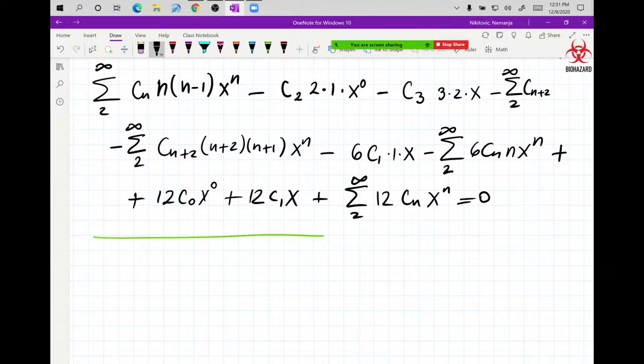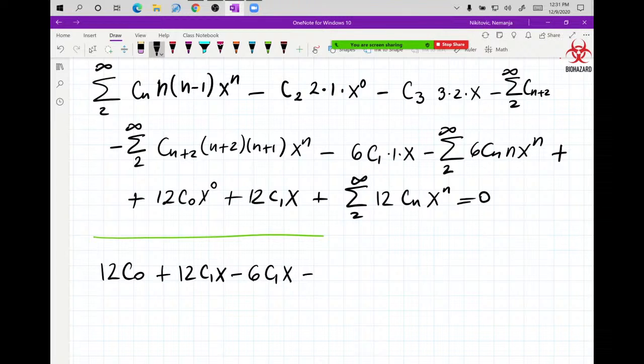So now, what are my non-sum terms? Well, I have 12c0 plus 12c1x. I have minus 6c1x.